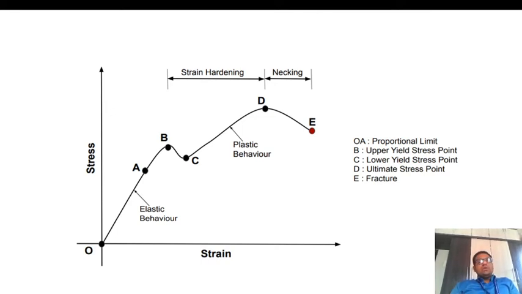There will be some amount of permanent deformation in that object. This is a very important point. After elastic limit A, on the removal of load, the body will not regain its original dimension and shape. There will be a permanent deformation or elongation in that object.